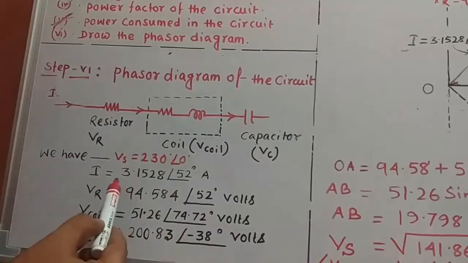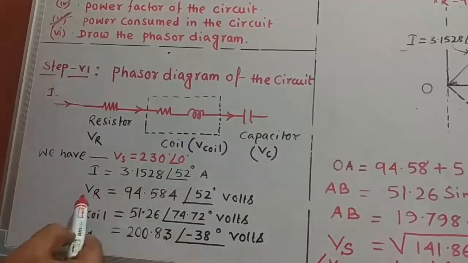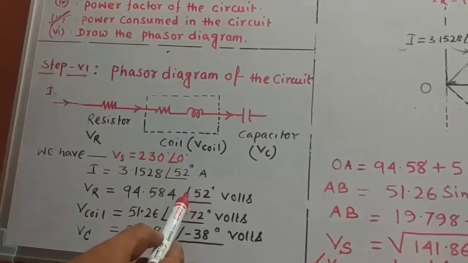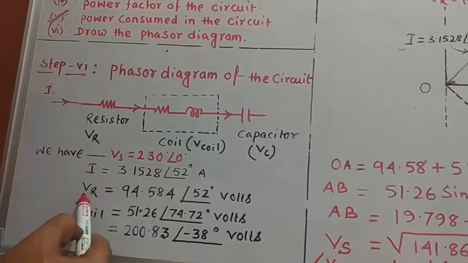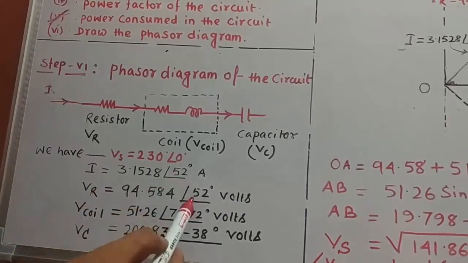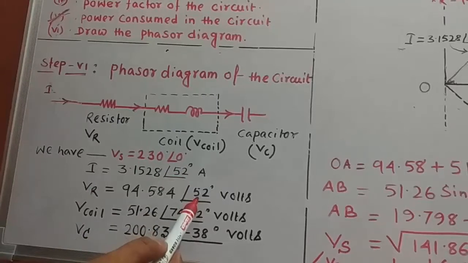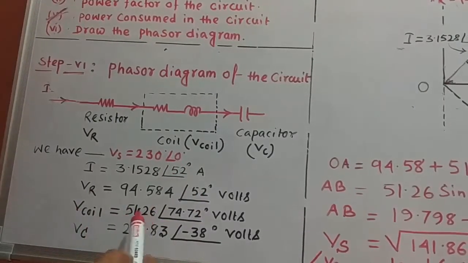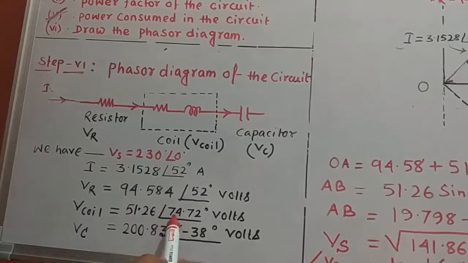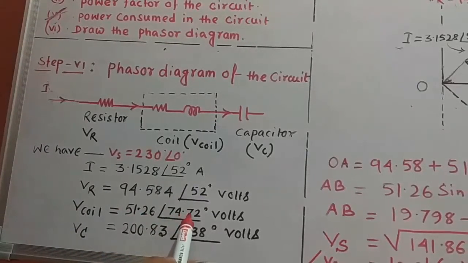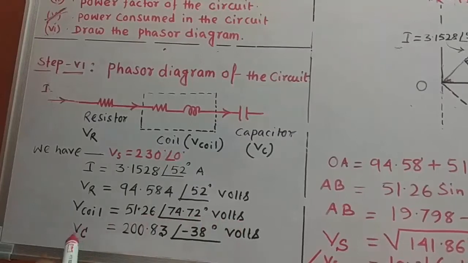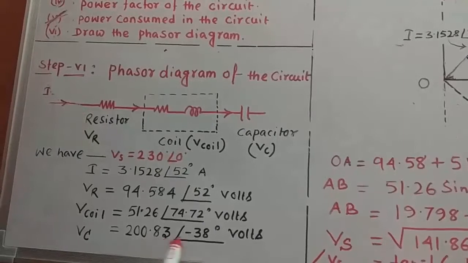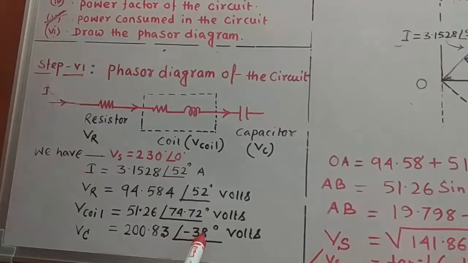Now we have already calculated I and VR. Both are in the same phase because VR is the resistive voltage drop, so it is also 52 degrees, and the current is also 52 degrees. So both are in the same phase. Now the voltage across the coil has this magnitude and an angle of 74.72 degrees, and the voltage across C is 200.83 angle 38 degrees.